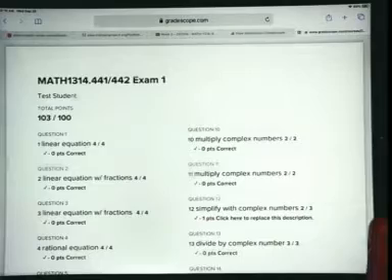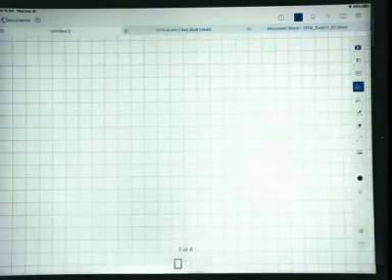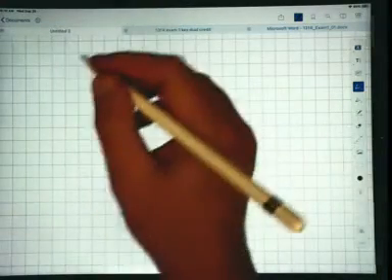Yeah. Okay. All right. Say that again, number what? 15? 15.